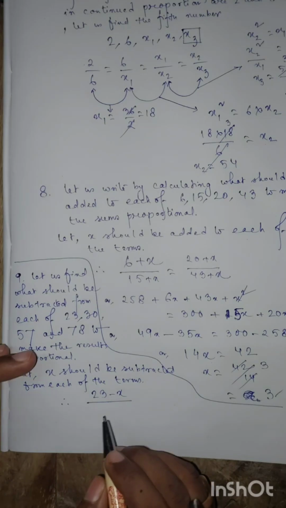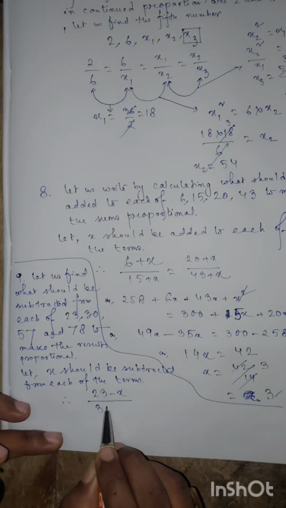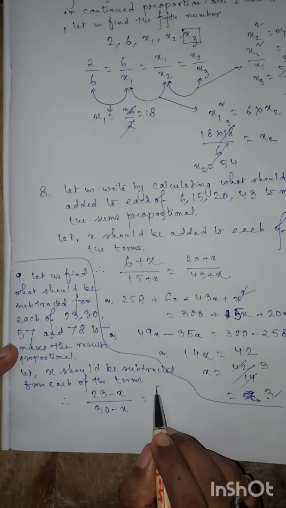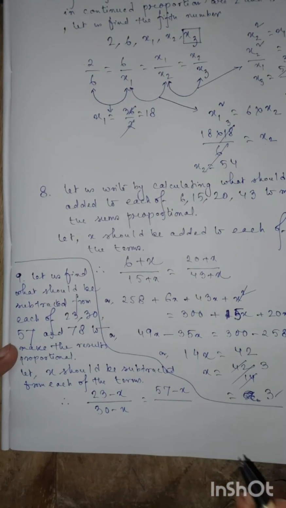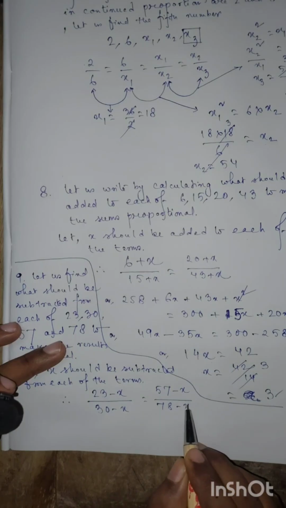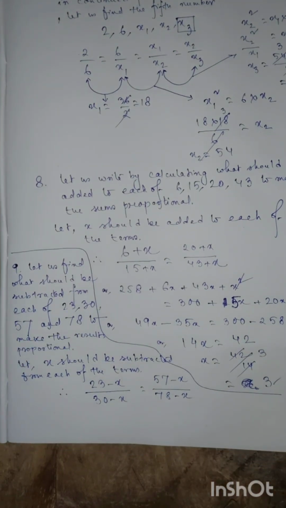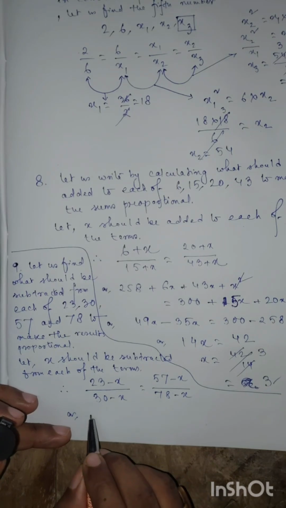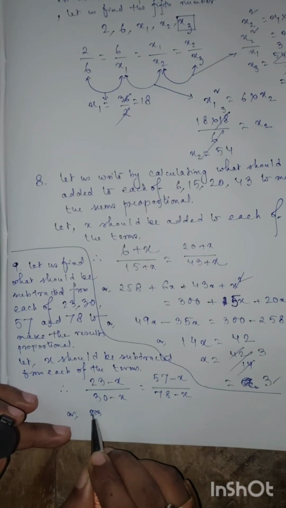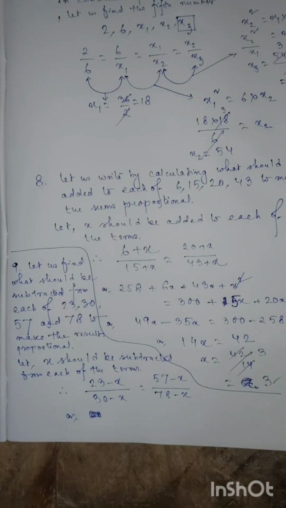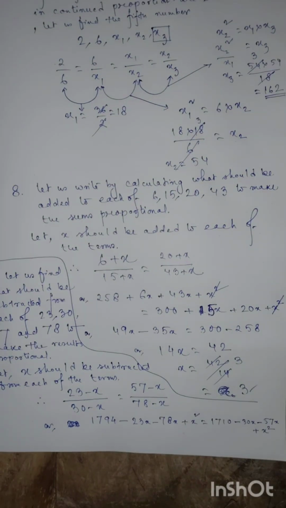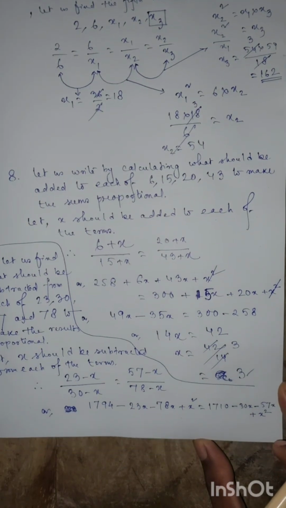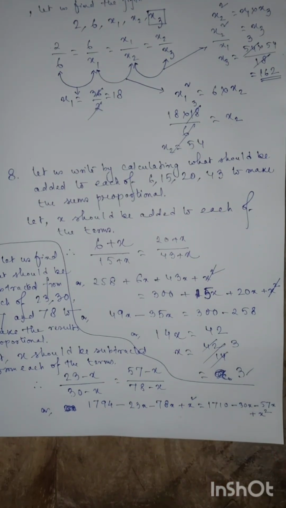That is why we can write, now. So this is what we are getting after cross multiplication. Now x square can be cancelled.